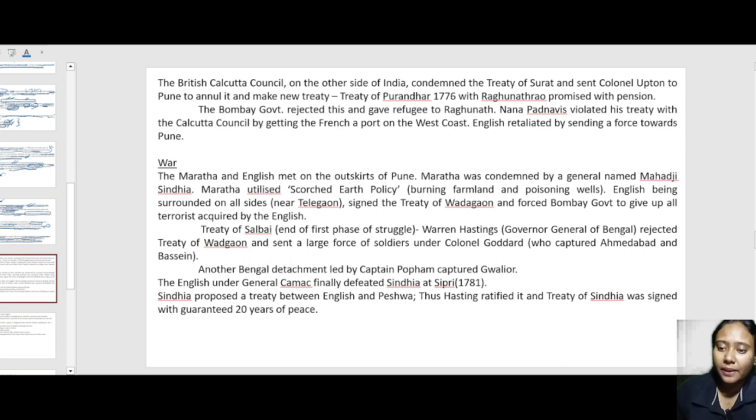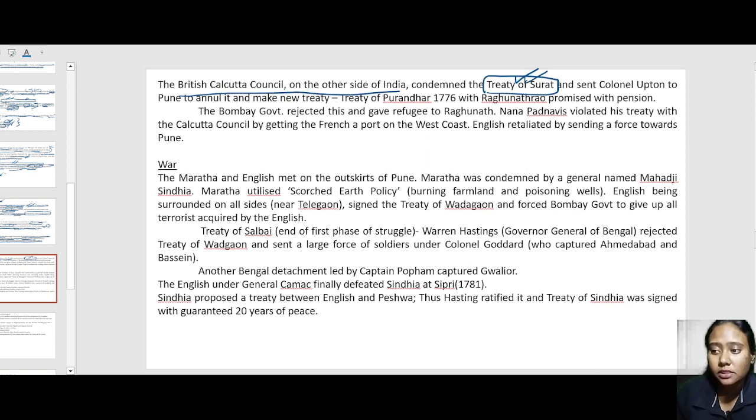The British Calcutta Council, on the other side of India, condemned the Treaty of Surat. They did not like it and sent Colonel Upton to Pune to annul it, and the Treaty of Purandar was signed in 1776.